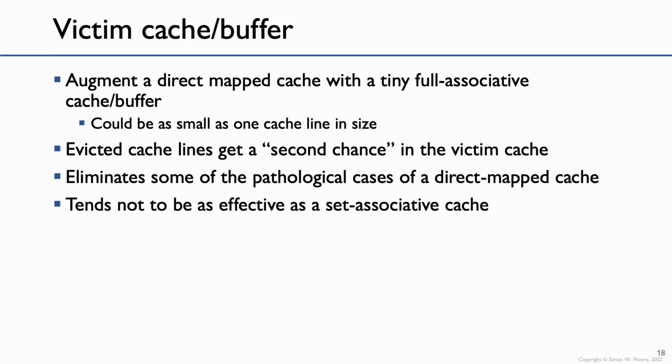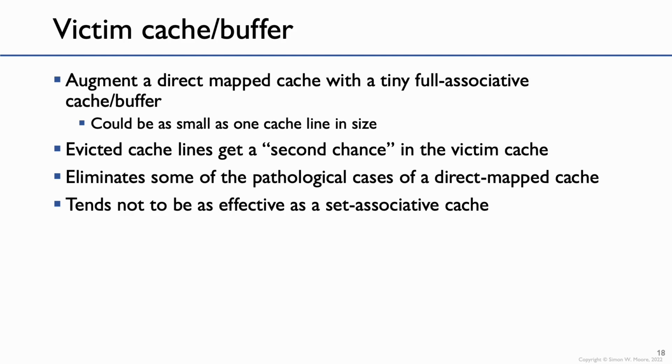If we've just got one fully associative cache line, that's very little hardware. And when we evict the cache line from the direct mapped cache, it gives that cache line a second chance. It actually eliminates some of the pathological cases of a direct mapped cache. It tends not to be as effective as a set associative cache, but still it helps.